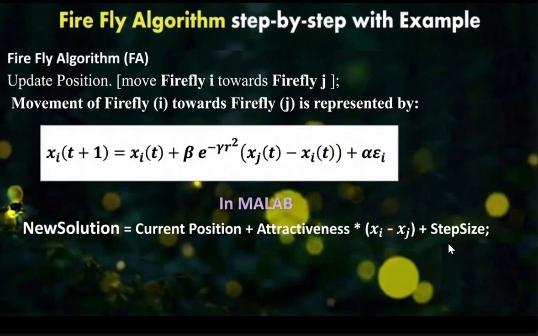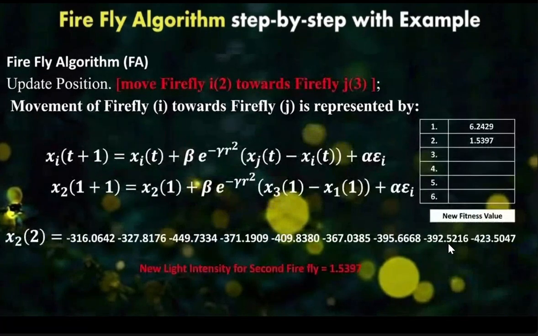As you can see, this is the formula for updating position for each firefly. In the next slide, we can see that the new light intensity for the second firefly was found to be 1.5397.